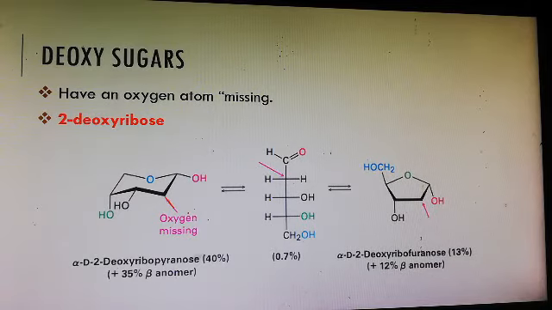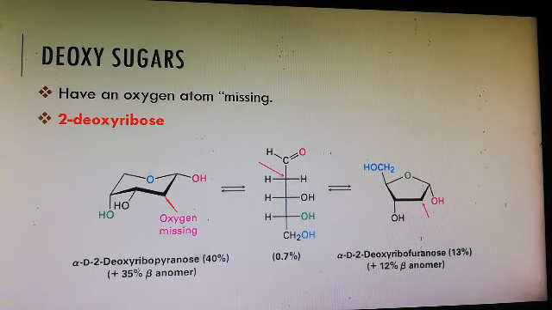So, the most common deoxy sugar is alpha-D-2-deoxyribopyranose, a monosaccharide found in DNA. Note also that this 2-deoxyribopyranose exists in water solution as a complex equilibrium mixture of both furanose and pyranose forms.